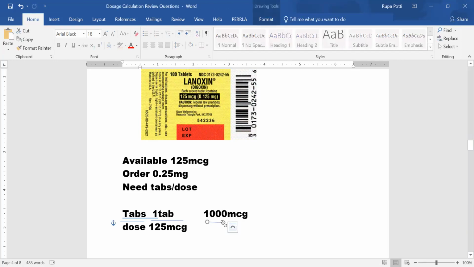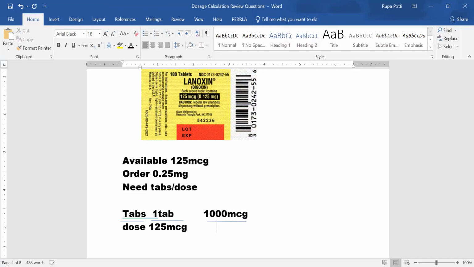Okay, give me 1 second. Okay, so now I have micrograms here that I can cancel out. Now I have milligrams here, right? Now remember I need tabs per dose, right? But not milligrams. So now I'm going to carry this milligrams over here.